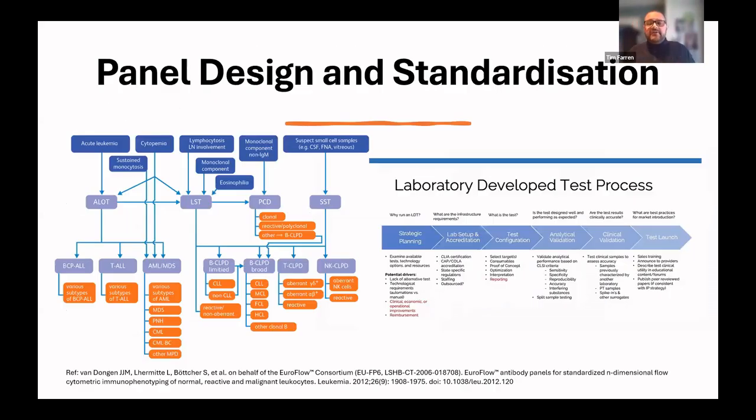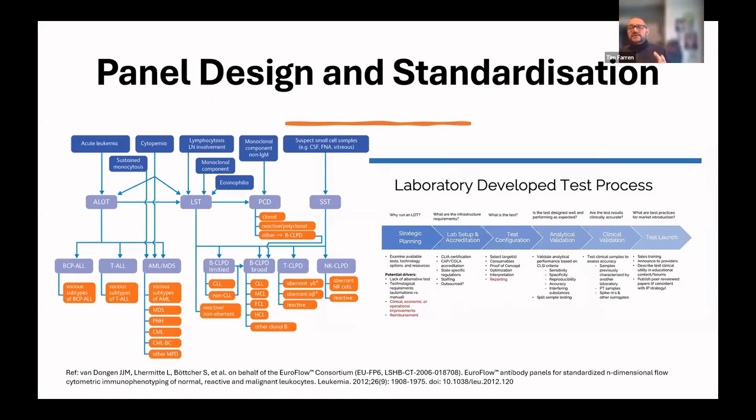Another key area where we see the scientist evolving is in panel design and standardization. Traditionally, and still in most laboratories today, clinical flow cytometry testing is based on laboratory developed panels or laboratory developed tests, LDTs.